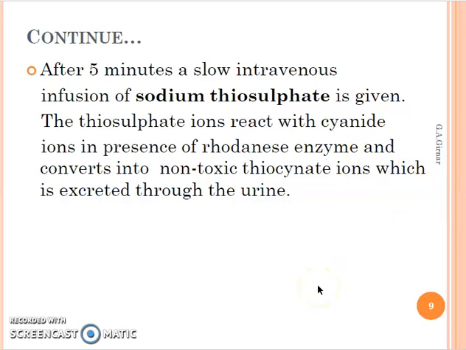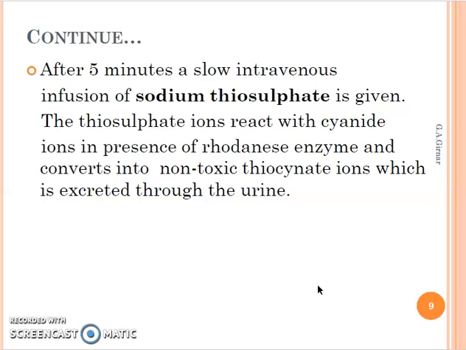So the toxic nature of cyanide is converted into the non-toxic thiocyanate, and this is because sodium thiosulfate directly reacted and changed the chemical nature of that poison. So that's why it is called a chemical antidote.